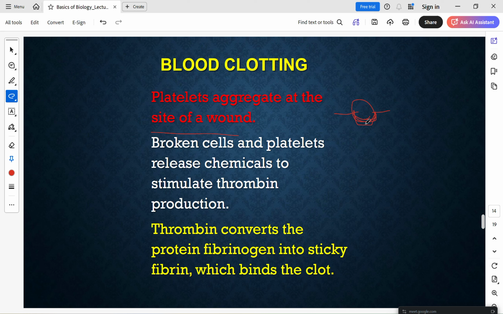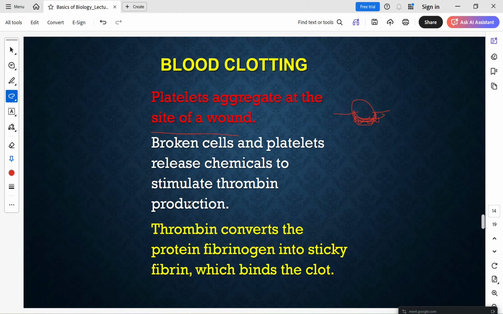And most of the extracellular matrix is made up of collagen fibrils. The platelets can bind to these collagen fibrils. So in a normal state, because the collagen fibrils are not exposed, the platelets won't aggregate. Whereas in a case where there is an injury, the platelets start aggregating because the collagen fibers are exposed now.